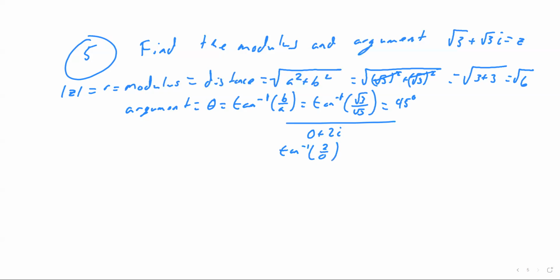Well, you can't do that because you can't have 0 on the bottom. You would then calculate the modulus. That's going to be the square root of 0 squared plus 2 squared, which is just going to be 2. And then from there, you would take your coordinate 0, 2, divide them both by 2, so you get 0, 1. Then you come over here to 0, 1, and we can see that that corresponds to 90 degrees. And that would be your answer.